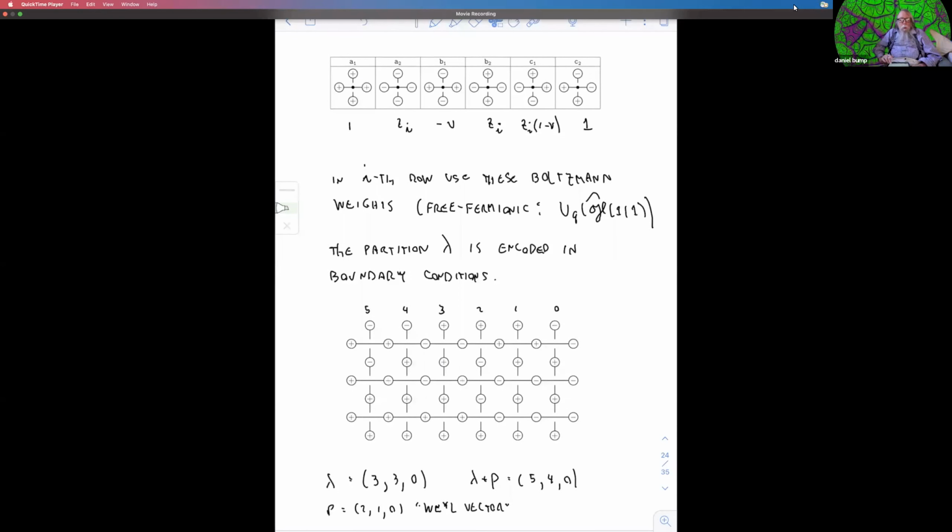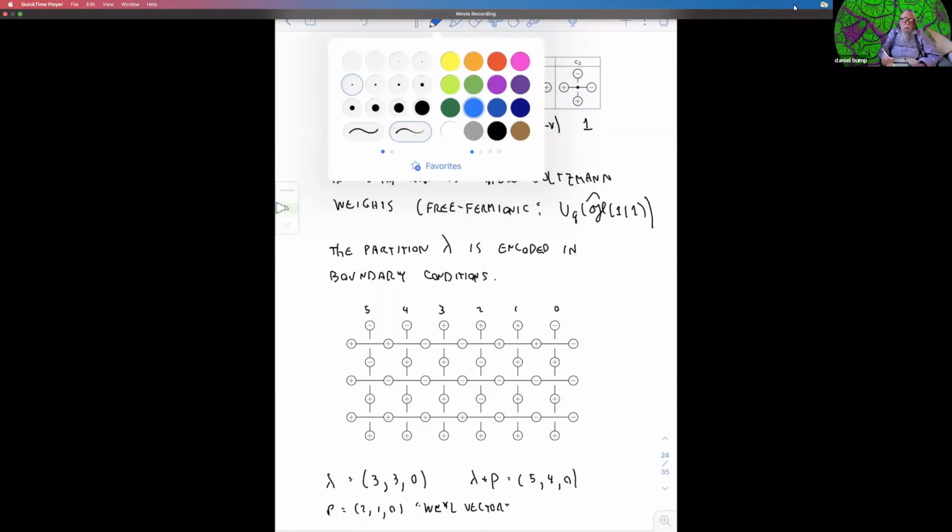Then Hamel and King noticed that you could take Tokuyama's theorem and reformulate it in terms of lattice models, and Brubaker, Bump, and Friedberg showed that you could then introduce the Yang-Baxter equation. So the partition lambda is going to be encoded in these boundary conditions.